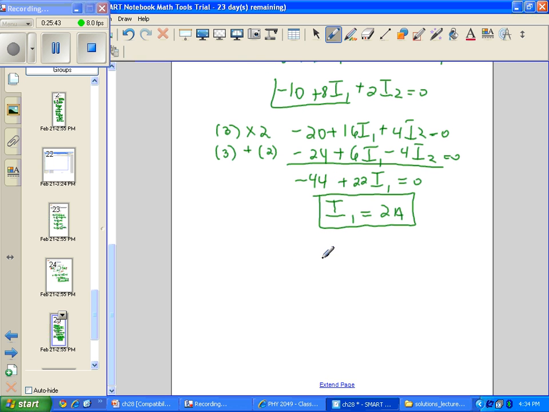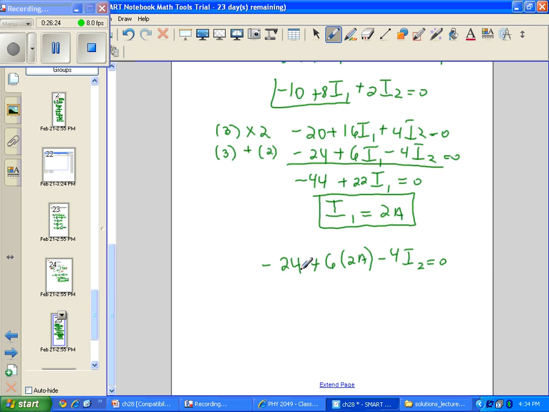To get my second unknown, I have several choices. Namely, I can take the value of I1 and substitute it either into equation 2 or equation 3, any equation which has I1 and another unknown. In this case, it will be I2. Let's go ahead and plug it into equation 2. Minus 24 plus 6 times 2 amps, what I just solved for, 6I1, minus 4I2 equals 0.